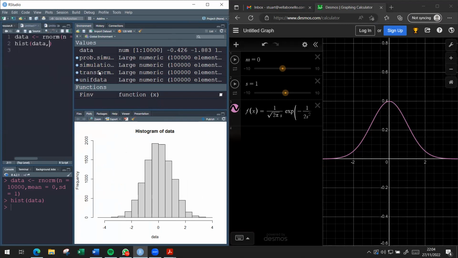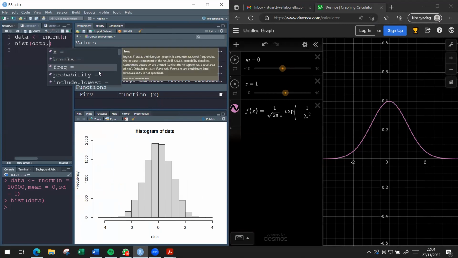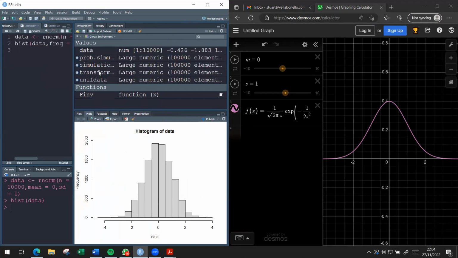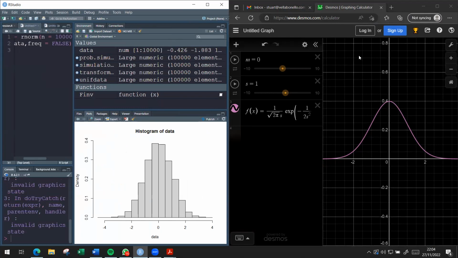Is there a way you can do frequency? What if I do false? Yeah, look. You see how it reaches 0.4 over here? The same thing over here. It reaches 0.4.